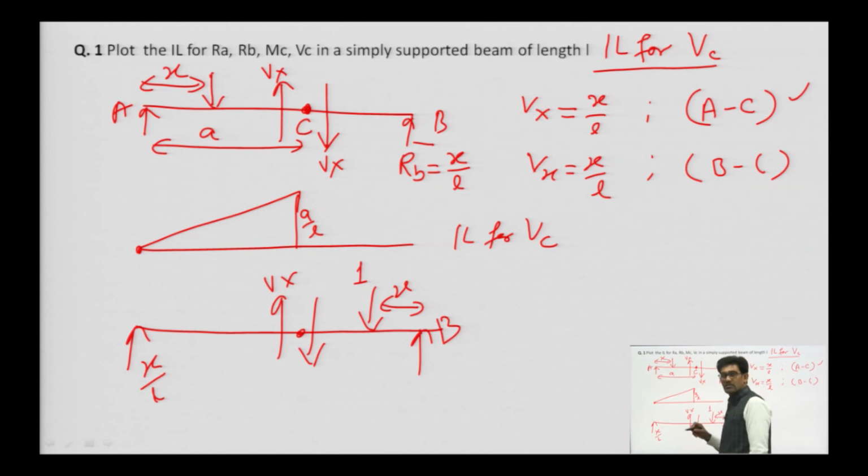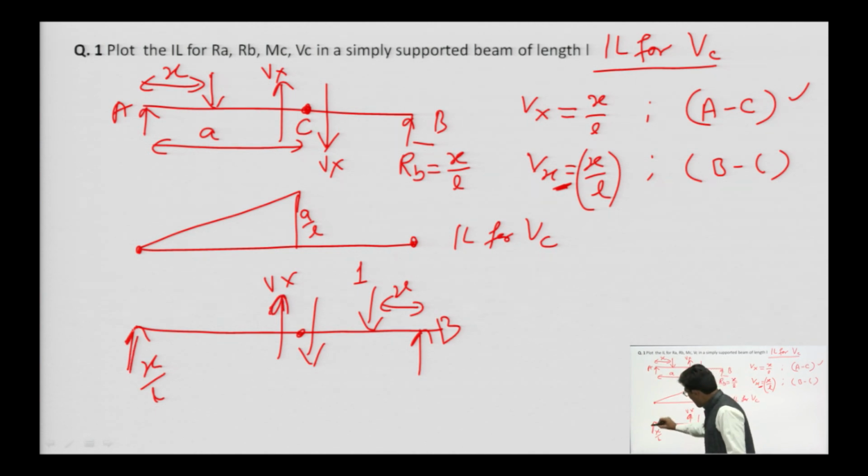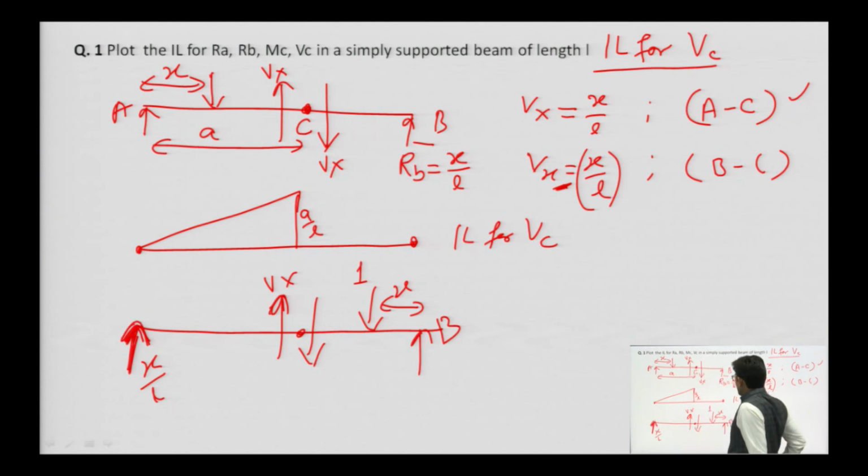So, let us plot the remaining part of the IL. At point B, the ordinate is 0. One more thing, we are getting a minus sign.